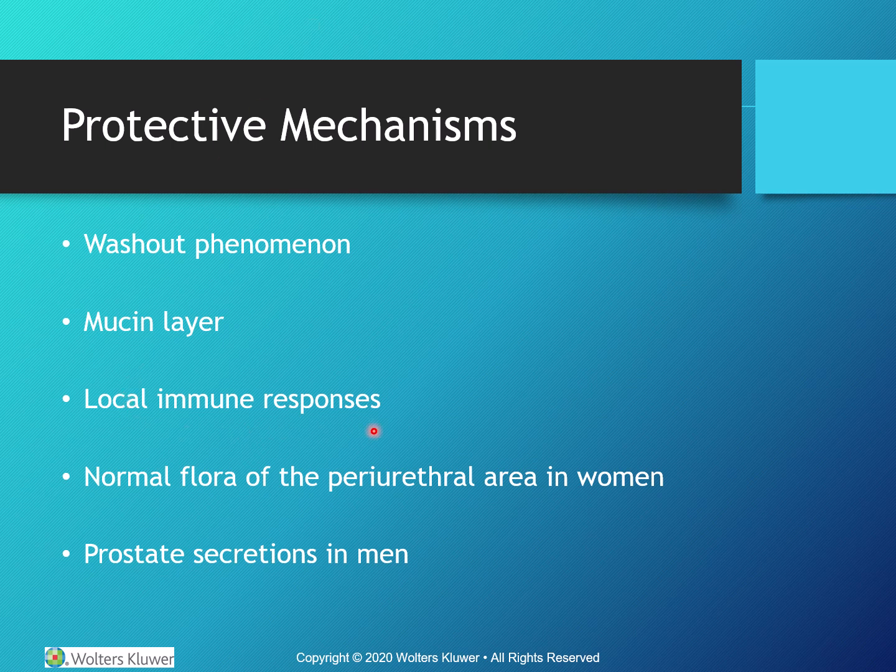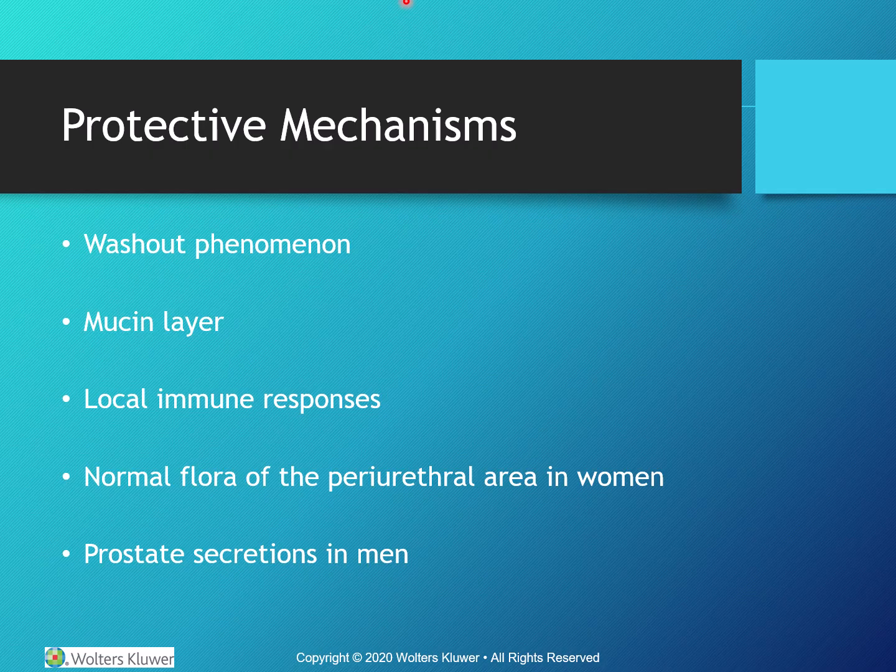There's also a local immune response. Within that protective barrier, we find IgA antibodies, which can mount a defense against any pathogens before they can settle into the urinary tract themselves. We also have a lot of normal flora, especially in the periurethral area in women, that protect us against urinary tract infection.